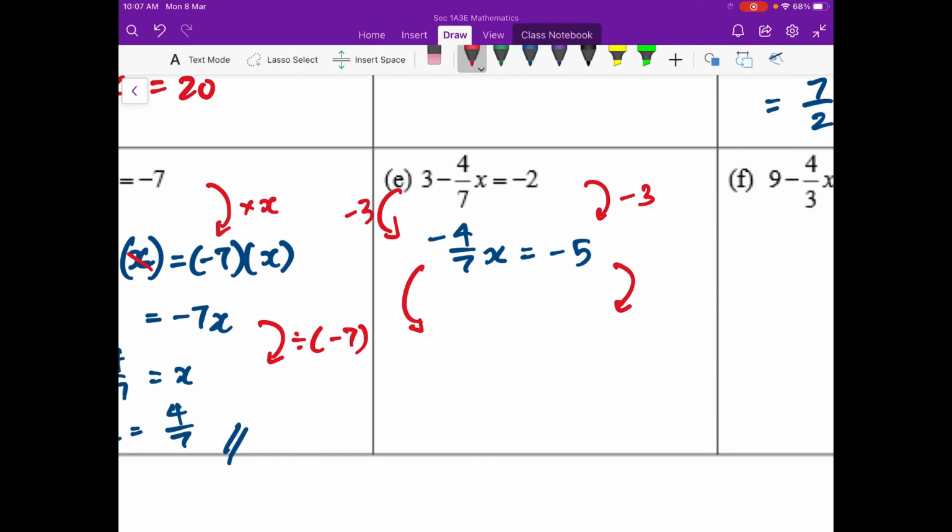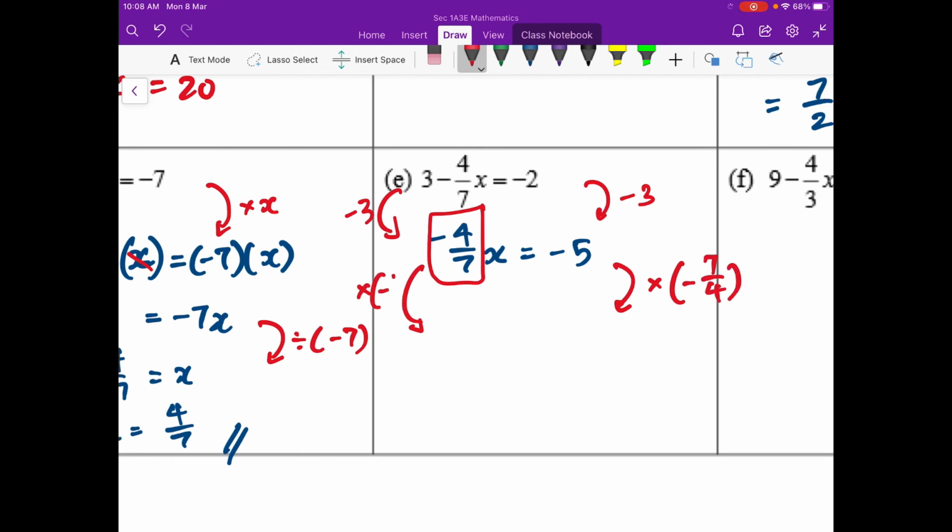Two options are, first you can divide by negative 4 over 7. Right, the coefficient, negative 4 over 7. That's one way to do it. But I understand that, you know when you divide by a fraction, you're actually doing multiply by flip, right? Divide is actually multiply by flip, isn't it? In the same way, instead of writing divide, I can write multiply by negative 7 over 4.